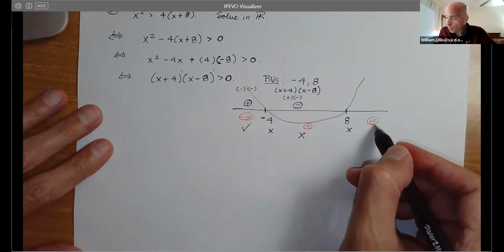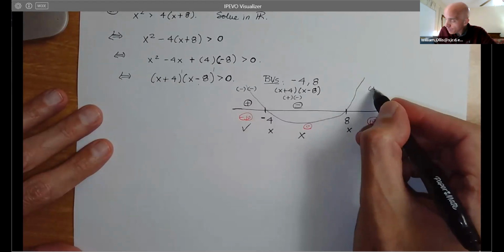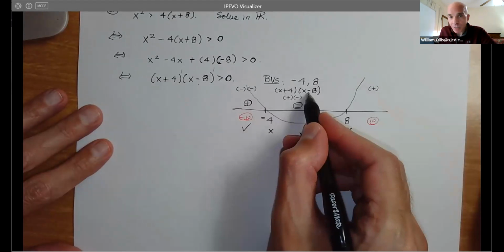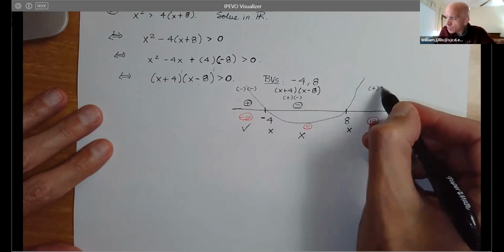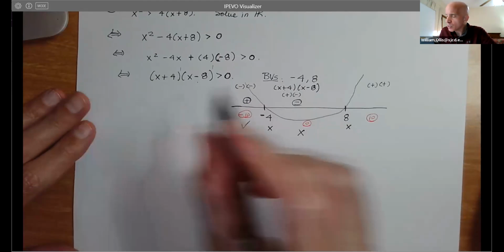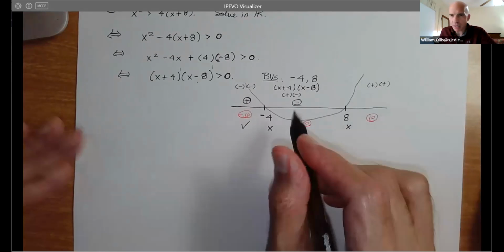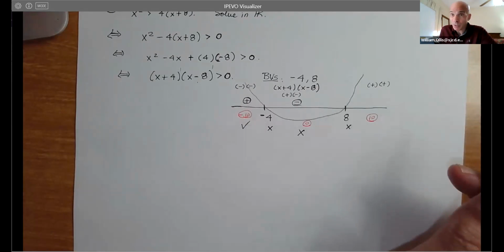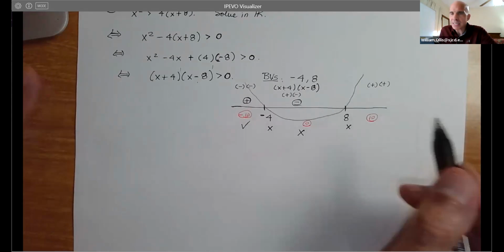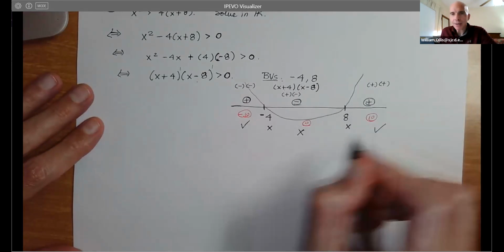Now for the 10, we're thinking, okay, replace x with 10. That'll be a plus in the first factor. And 10 here, we get a 2. That'll be a plus. You don't really worry about the actual value, ladies and gentlemen. You just care about the sign. The value is of no use to you. I mean, unless you just want to compute it, but it's not needed. So this is a plus. So again, check.